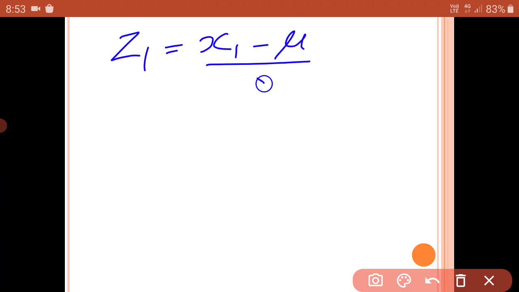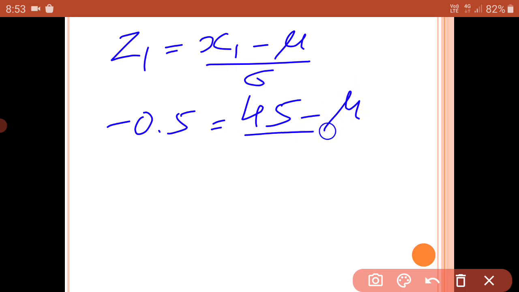Now the next step, z1 is equal to x1 minus mu upon sigma. z1 is minus 0.5, x1 is 45, minus mu upon sigma. Both are not given. Then multiply by sigma on the other side.